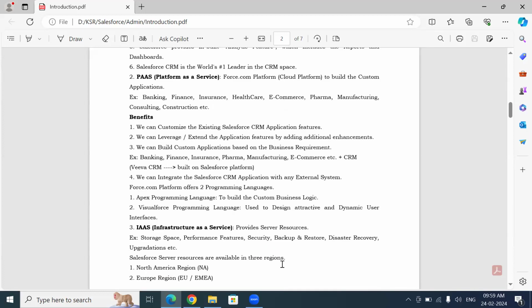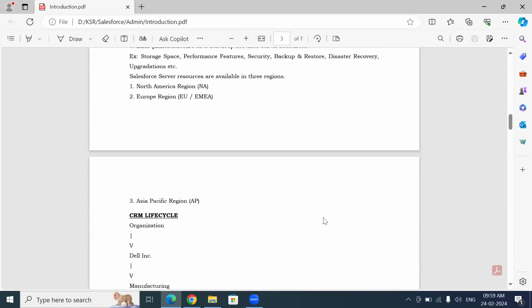And as part of the third one, the infrastructure as a service cloud computing model, Salesforce is providing server resources in order to store our data and manage our data. They are maintaining the server resources in 3 regions in the world. One is the North America region, second, the Europe region, and third, the Asia Pacific region.